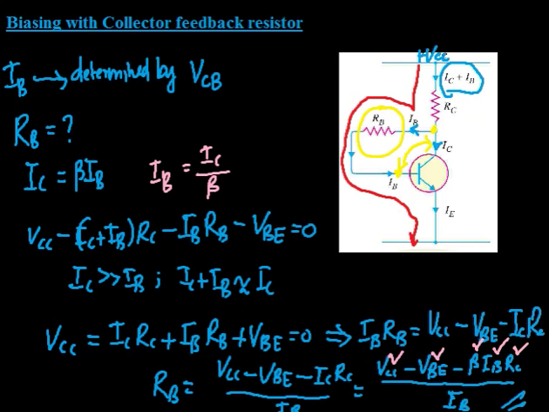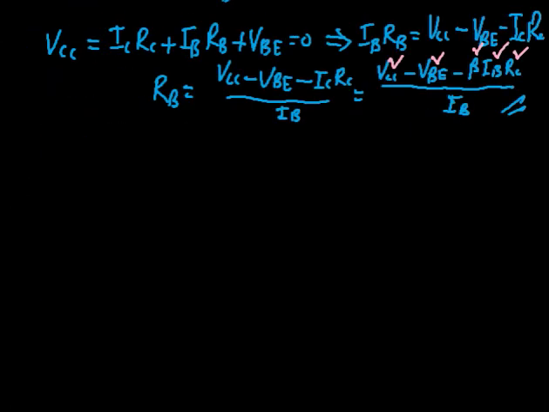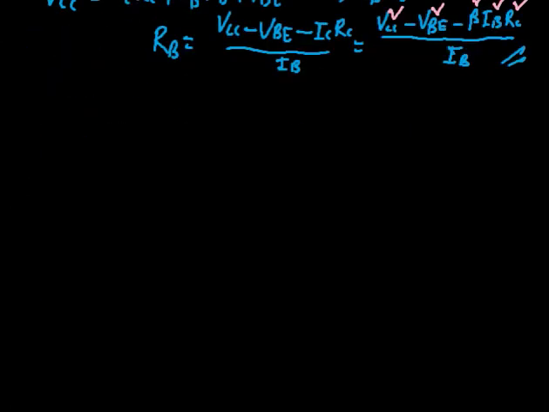Now let's see what is the stability factor for this circuit. For that, we know the expression for the stability factor as S is equal to (beta plus 1) divided by (1 minus beta into dIB by dIC).